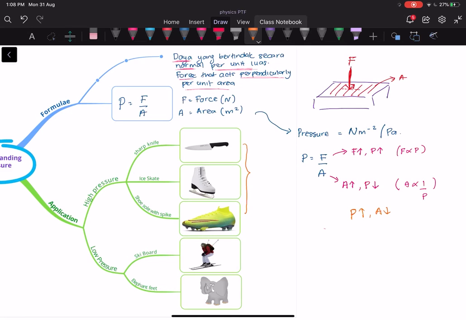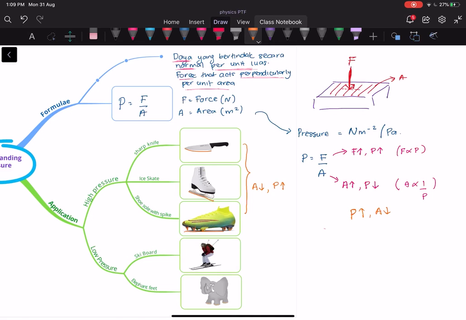Because of the sharp knife, ataupun kasut luncur, the surface in contact is a very small surface area. Lepas tu tapak kasut yang berpaku pula, also the same thing, only a small area touches the ground. It is all a concept of a smaller contact area. Luas permukaan yang tersentuh kepada permukaan adalah kecil, maka tekanan yang dihasilkan adalah tinggi.